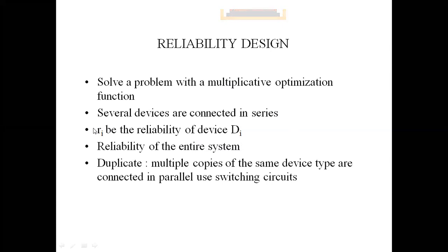Now we need to consider the reliability of the entire system. So duplicates, that is multiple copies of the same device type, are connected in parallel using switching circuits. The switching circuits will find the faulty devices, not consider them, and take another device of the same type when a problem occurs in the present device of that type.